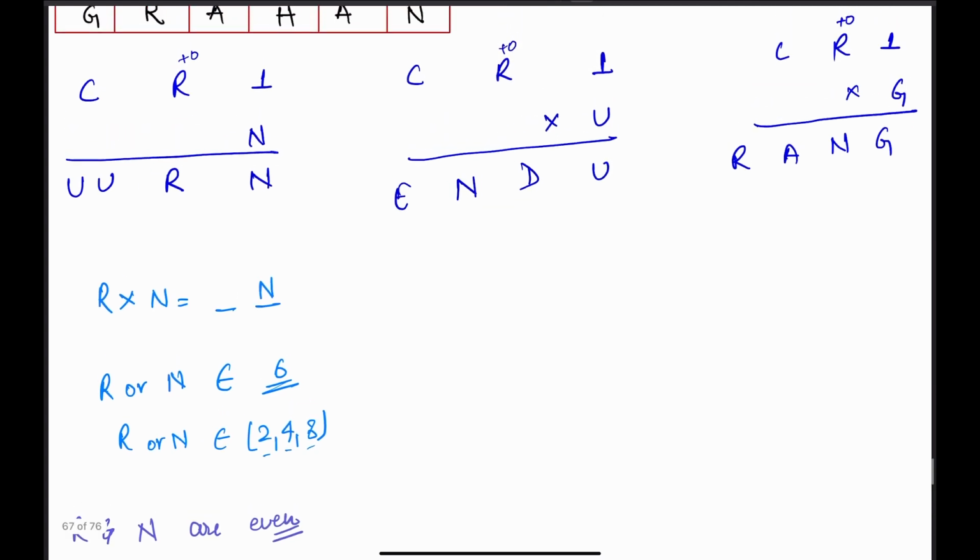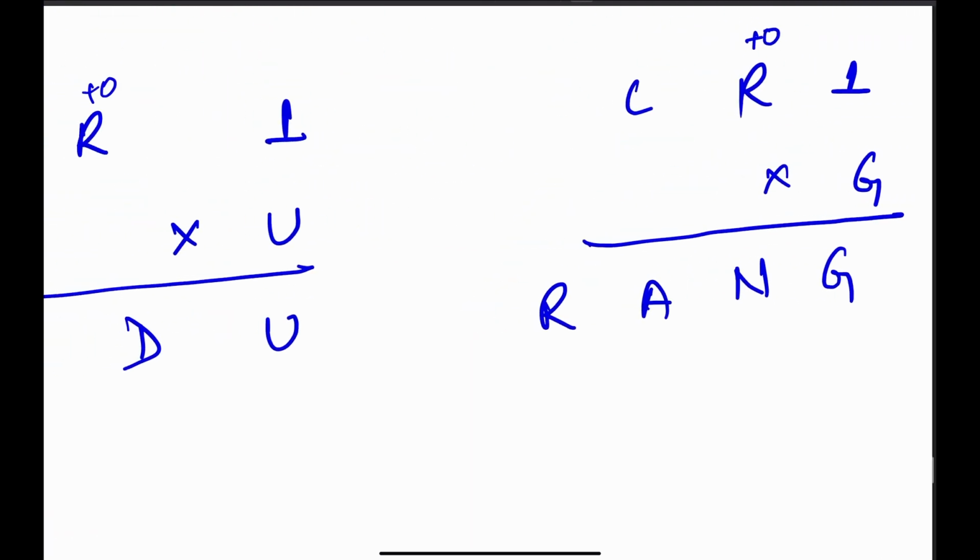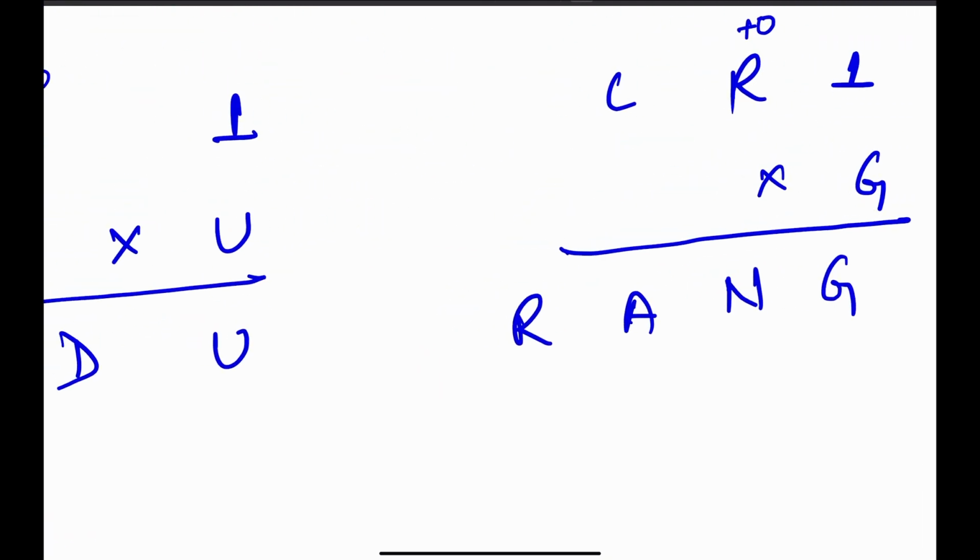So let's come to this part. G is my odd, R is even. I'm getting this one.